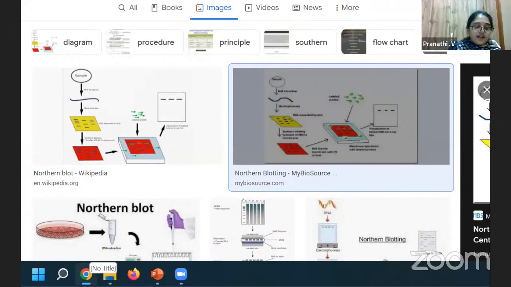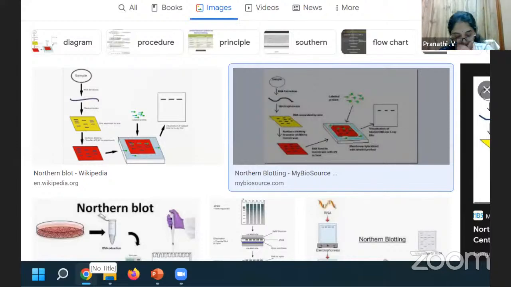So when it comes to DNA sequencing, you have different kinds of methods to sequence the DNA, that is by cloning and amplification of the target DNA fragment, so that the nucleotide sequences are determined in this particular method. So you have the dideoxy chain termination method, which is a very commonly used method, and in this, single-stranded DNA templates of the DNA fragments are manufactured using a special phage vector.